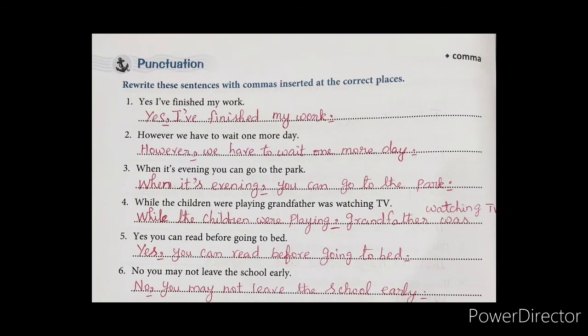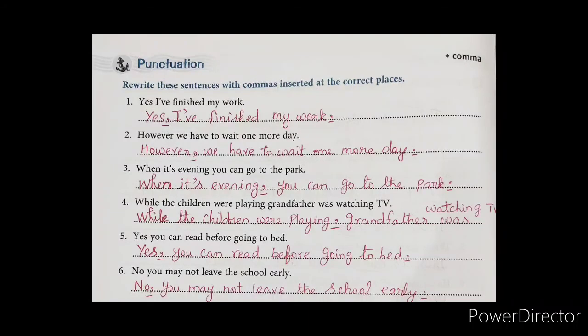Now we are going to use the punctuation mark comma. Look at the exercise given here, children. Rewrite these sentences with commas inserted at the correct places. Wherever it is needed, we need to give a comma and write the sentences, children.